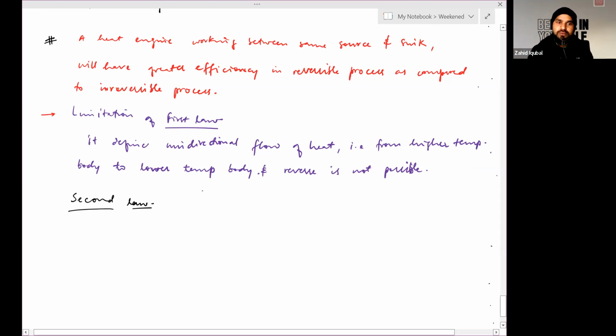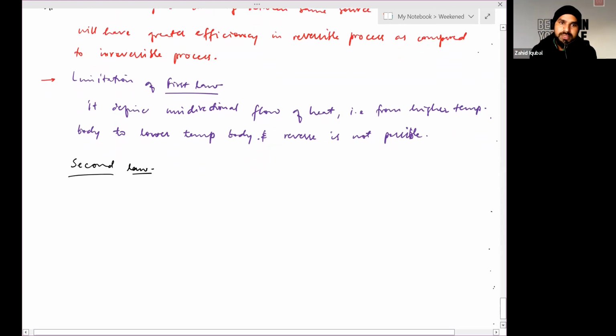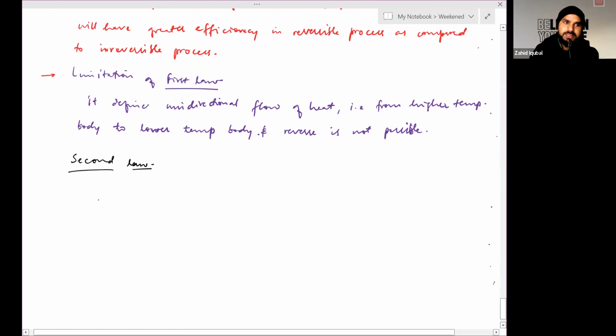Similarly, in the case of heat flow, we can say there will be no flow of heat from a lower temperature body to a higher temperature body unless some work is done for this particular process, which is the main conclusion of the Kelvin and Clausius statements.